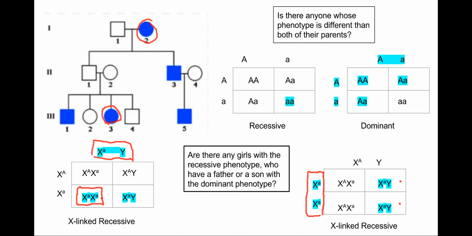Again, it's impossible if it's X-linked for a female that has it to not have a son. And right here, this one right here does not have it. And then just to have more evidence right here, this father does not have it. Therefore, this pedigree is not X-linked recessive, but it is autosomal recessive.